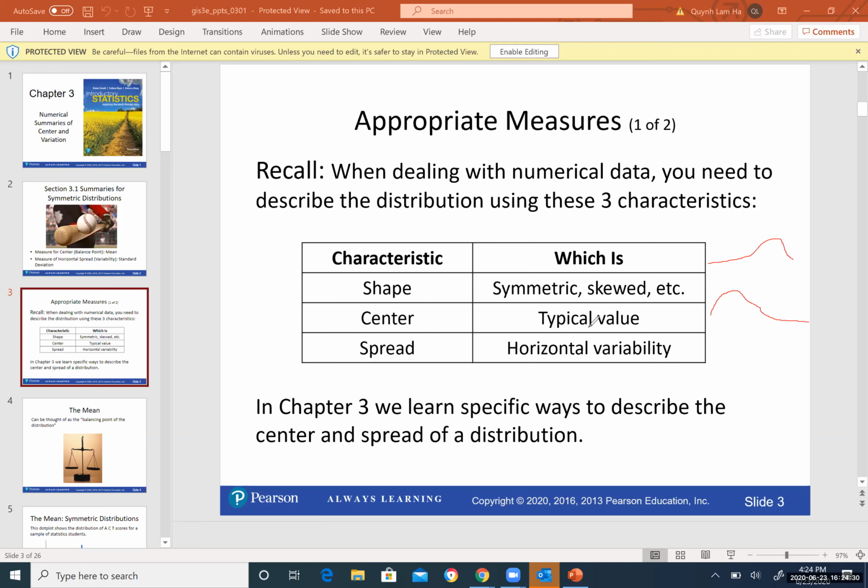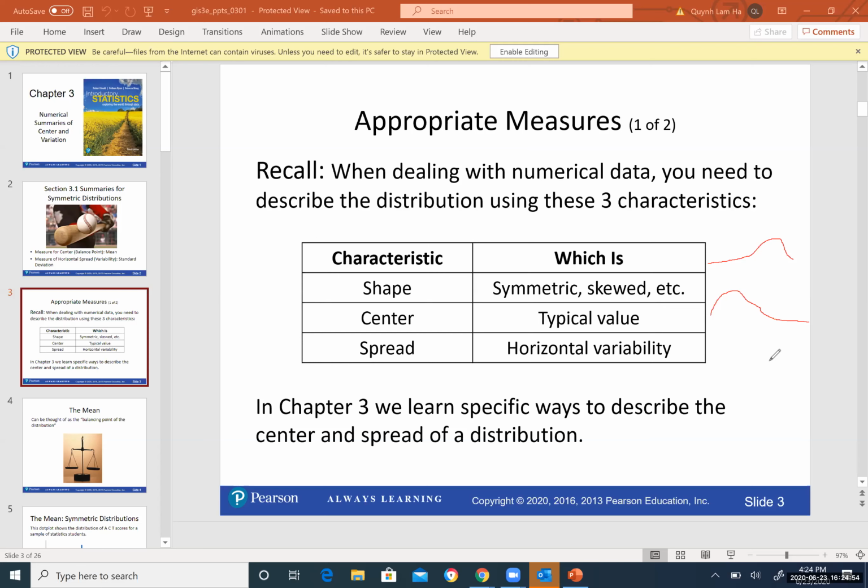Median, what is median? You learned from chapter 2 that the median is the central value of the ordered set from low to high. That data set has to be ordered from low to high, right? For the spread, they're talking about the horizontal variability.